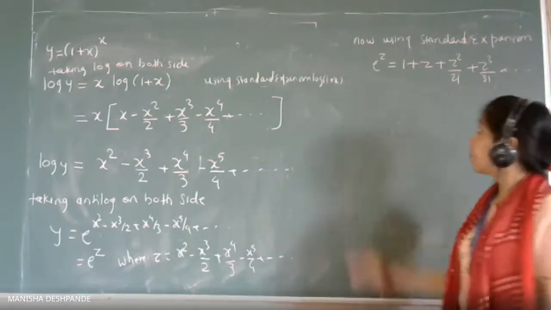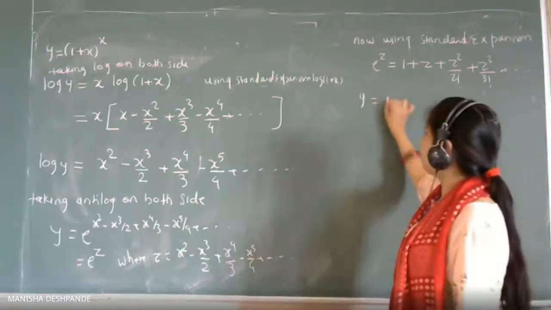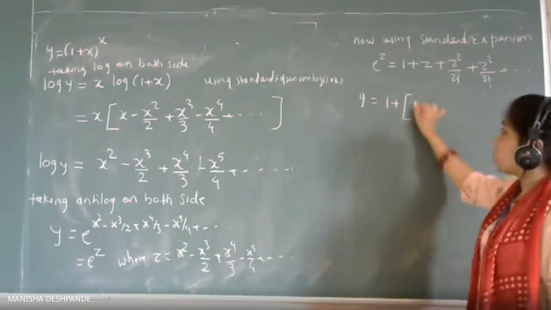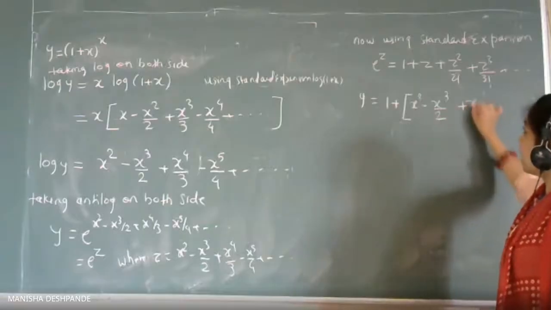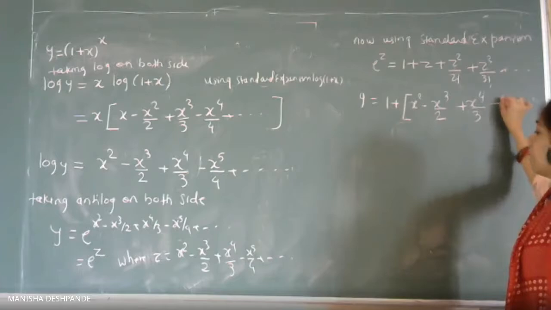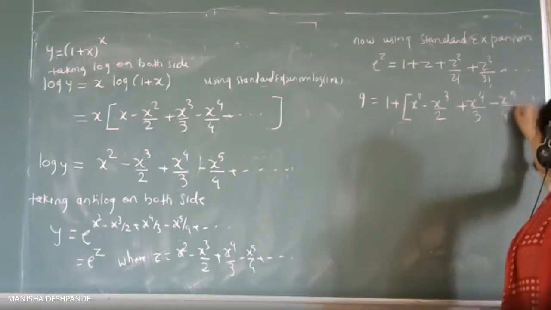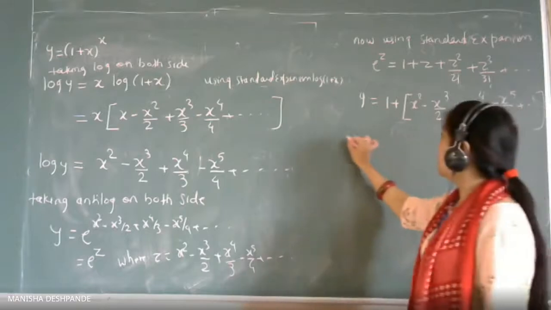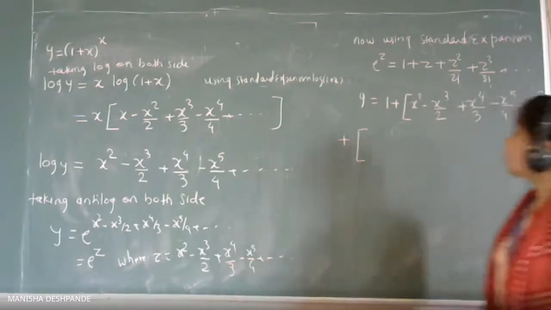Therefore, your y will become 1 plus, what is z? x squared minus x cubed by 2 plus x raised to 4 by 3 minus x raised to 5 by 4 plus and so on. This is your z. What is your z squared? Plus bracket. Be careful and listen here.